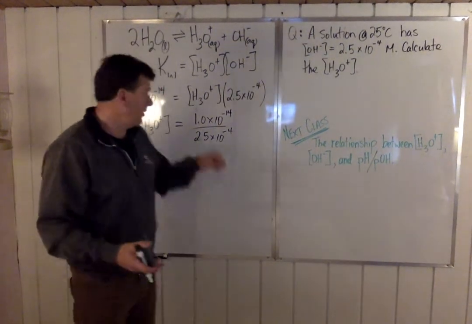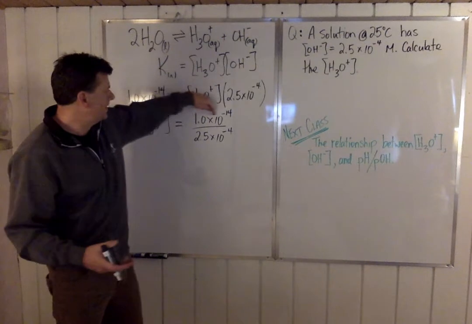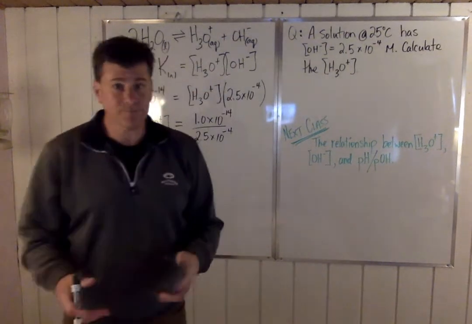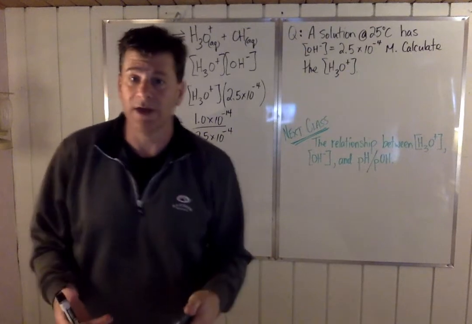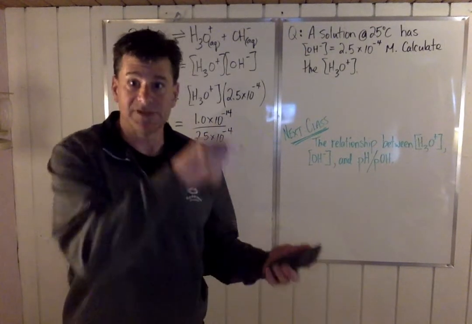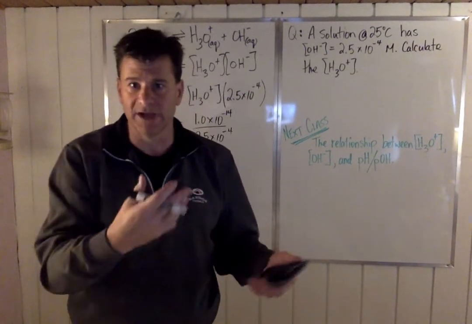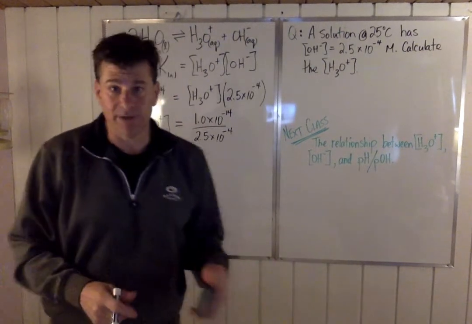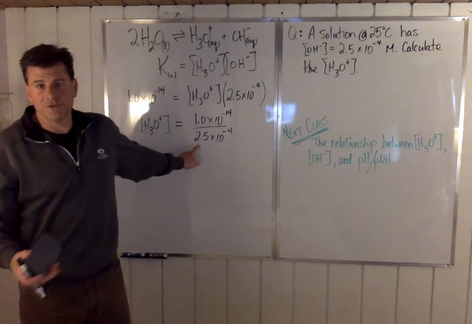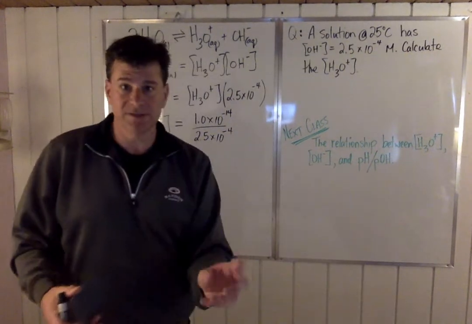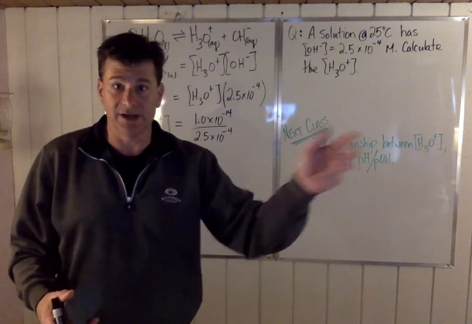So, for example, you might punch in 1 times 10 to the negative 14. And maybe you're not used to using the scientific notation button on your calculator. And so you go 1 times 10 to the x, and you put in negative 14. Divided by, and then you'll probably do it again, 2.5 times, then you'll hit the 10 to the x button, negative 4.